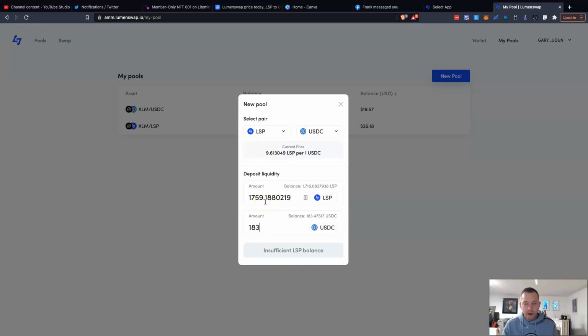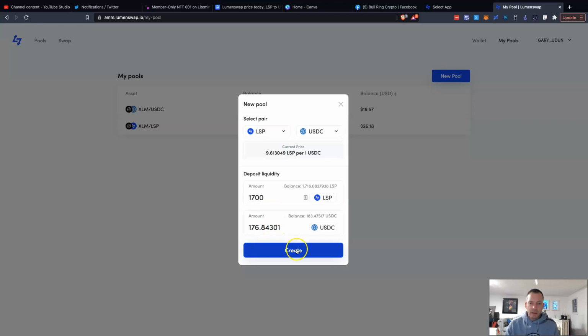So this would qualify, right? But we'll put it in. It's saying I've not got sufficient balance, so let's just put 180. Insufficient LSP balance. Oh, okay. So we've only got 1716. So we can just put that in. If we just put 1700, it will automatically fill for us. So 1700 LSP, knowing now that we've got more than 1,000 on each side.